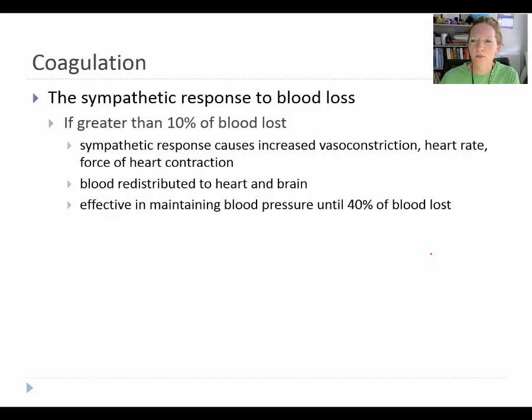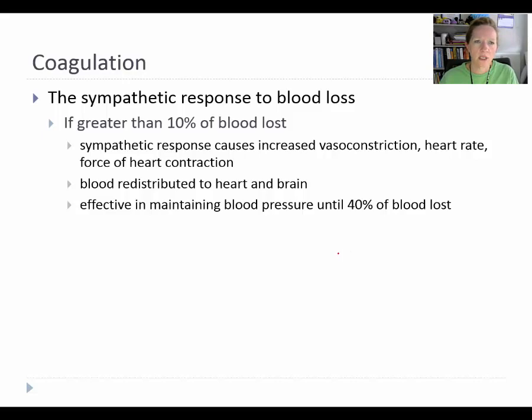If anything greater than 10% of blood is lost, then we'll talk about how the sympathetic nervous system comes into play, and you have massive amounts of vasoconstriction occurring, heart rate increasing, and your heart contracting harder. So we'll talk about what happens in future chapters when something greater than a blood clot is needed. So go ahead and watch the animation.